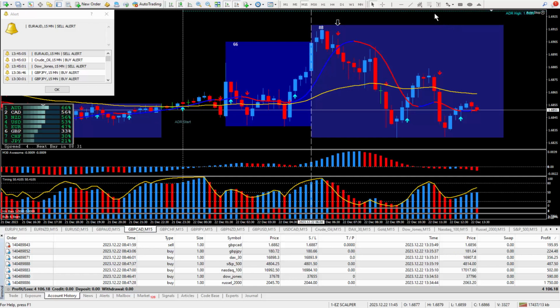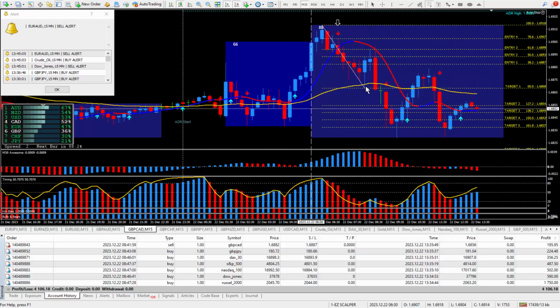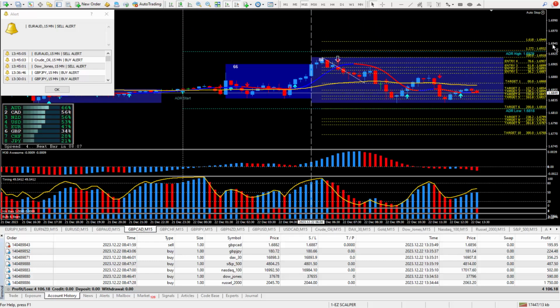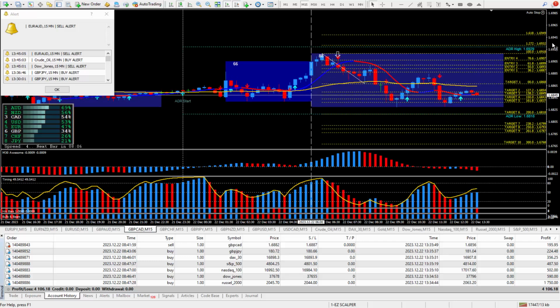All I do is I just click on this tab right here. I go from swing high to swing low, and there's the pullback right there. Came to entry 3, and when it hits 1, 2, or 3, the targets I'm usually looking for are 2, 3, 4, or 5. And sometimes it'll go all the way to 10.